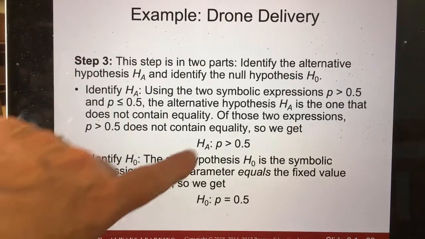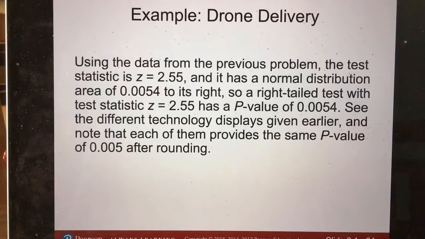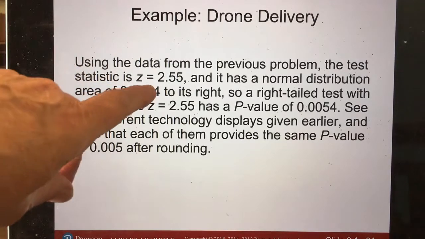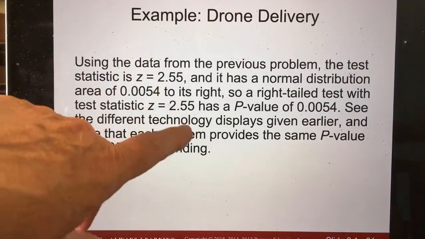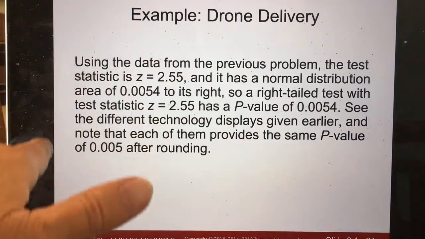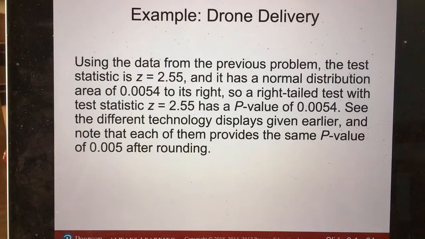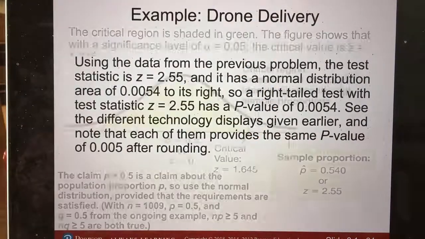Step 3 is coming up with an H sub O and an H sub A. Then we're going to talk about the test statistic that we found from the technology, or the p-value that was found by the technology. And as we move on into 8.2 and 8.3, we're going to see which technology we use with each one of the different situations that we're going to have. But this gives us our test statistic and our p-value.